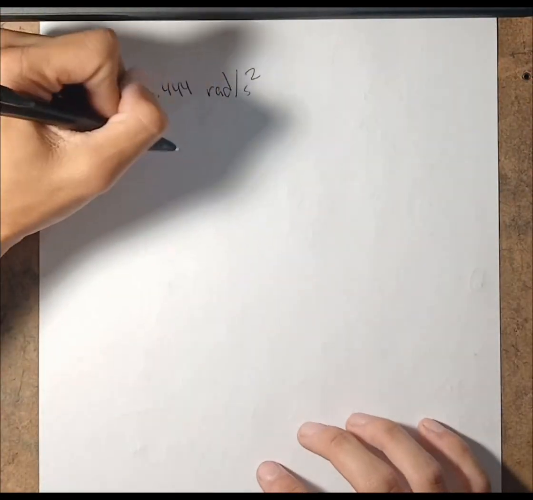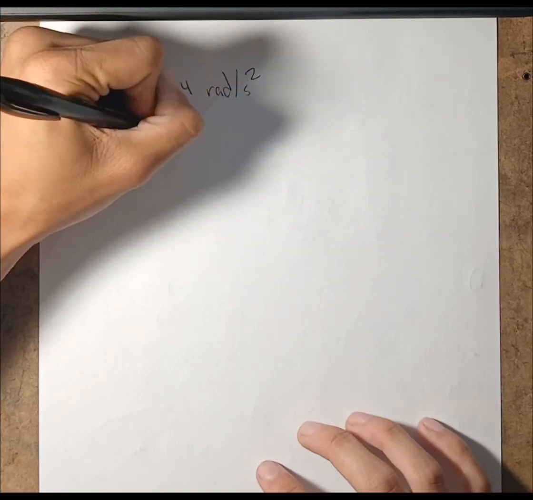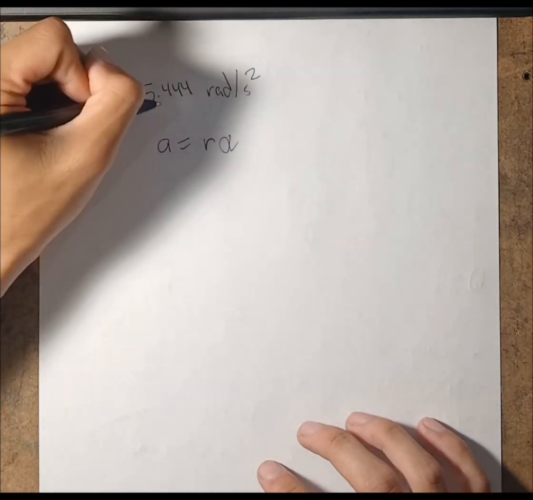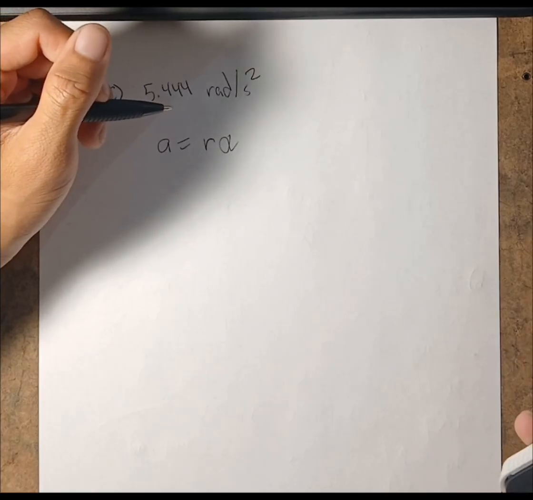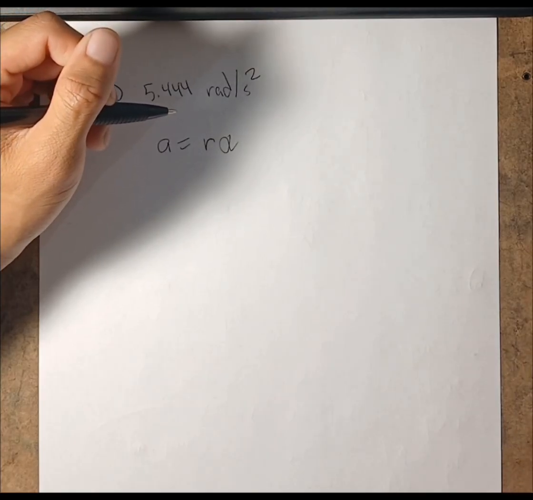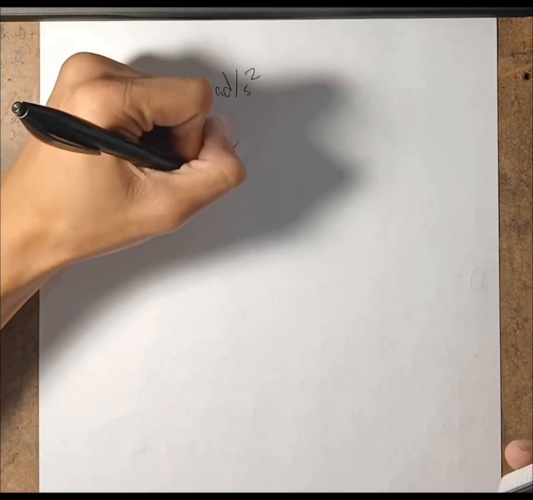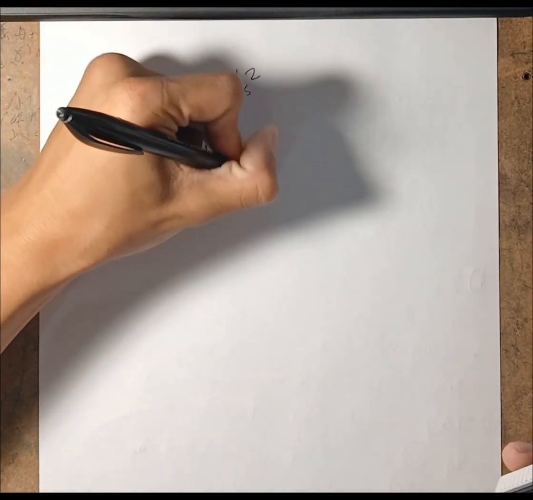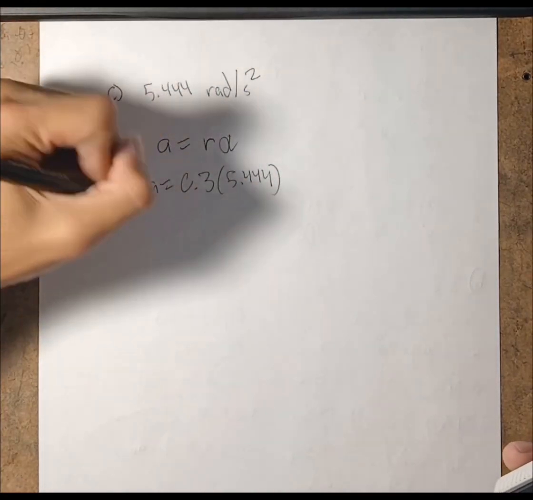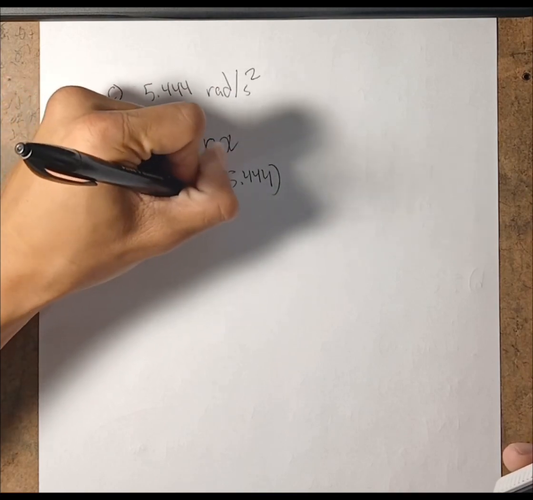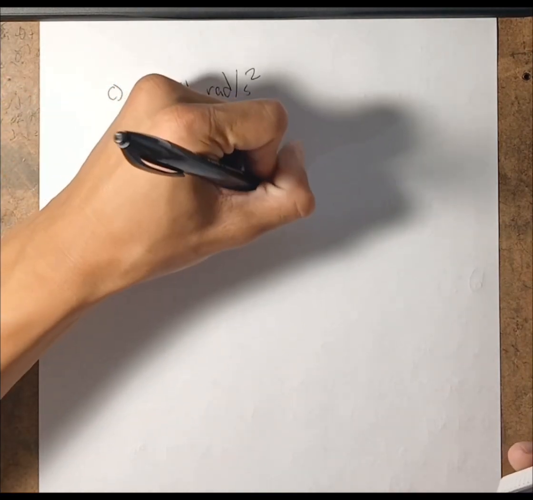Since linear acceleration equals the radius times the angular acceleration, all we need to do is multiply 5.444 by 0.3, which is the radius of the solid cylinder, and we get linear acceleration of the block equals 1.633 meters per second squared.